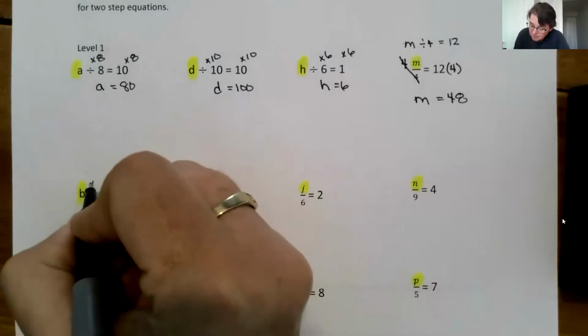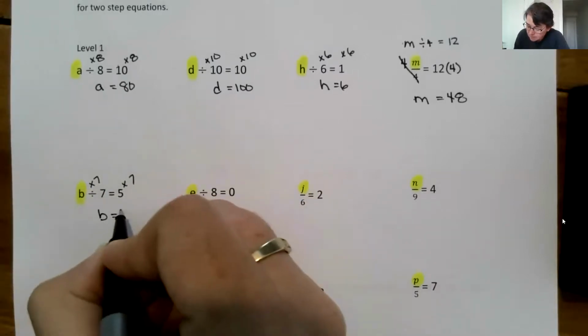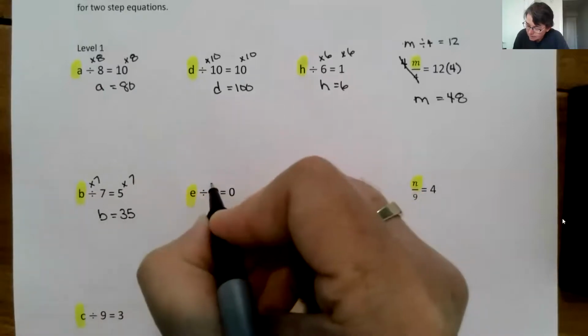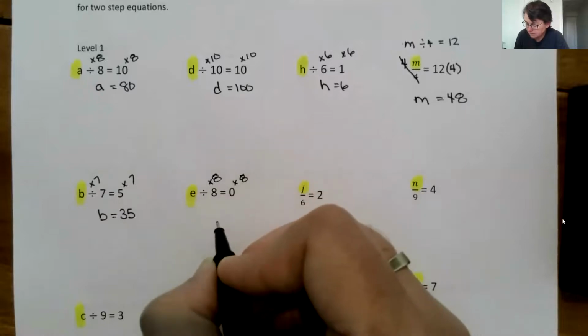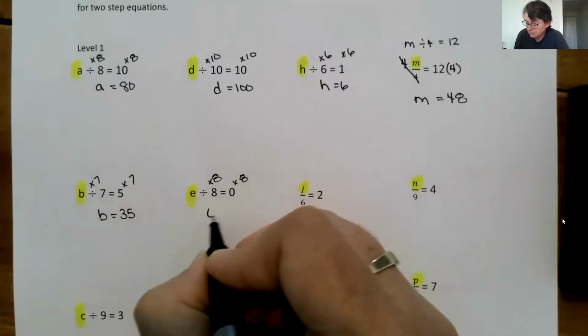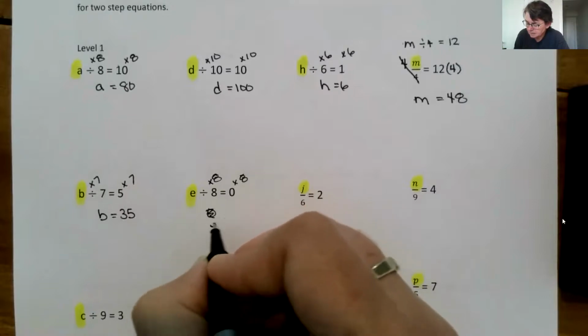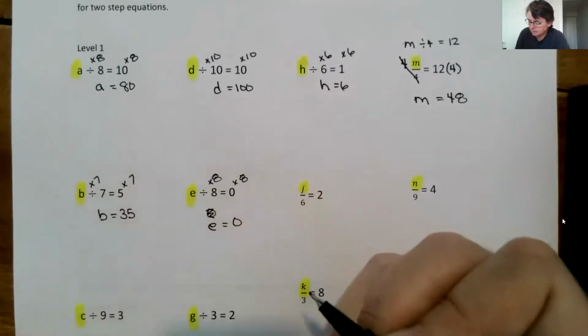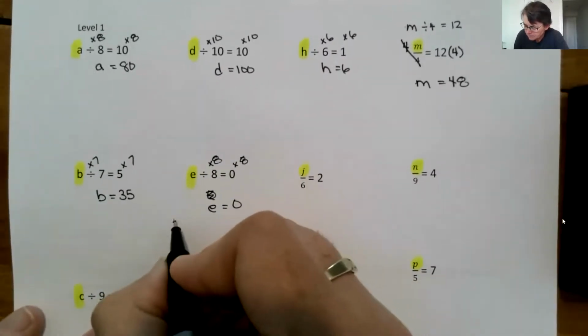Times 7, times 7, so B is equal to 35. Times 8, times 8. 0. Whoops, backwards. E is equal to 0. That seems weird to me. Let's do a check.